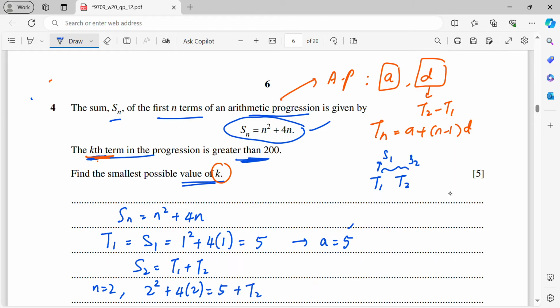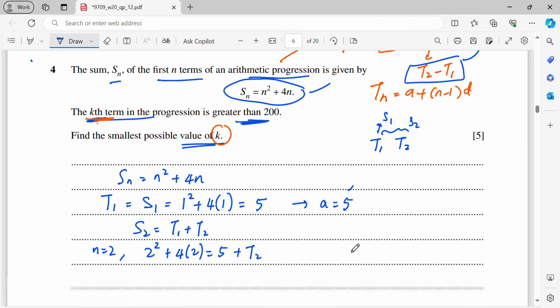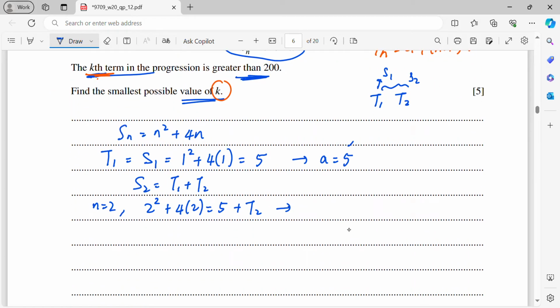The purpose I get the T2 is I need to calculate my d. 2 squared is 4, plus 4 times 2 is 8, so 4 plus 8 is 12. So my T2 is 12 minus 5, which is 7.